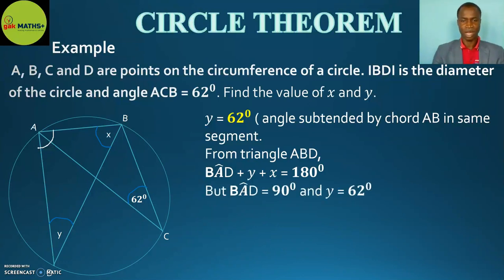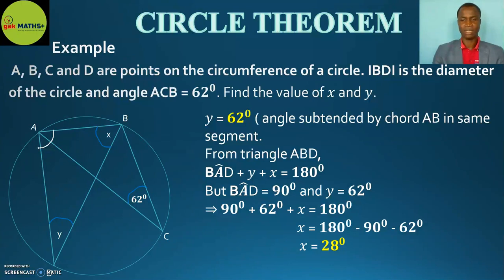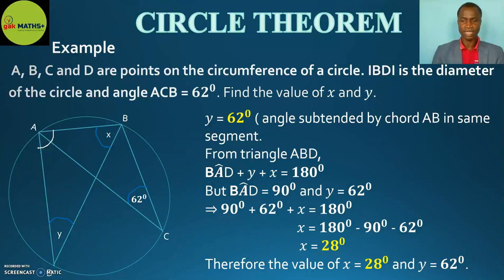So 90 degrees plus 62 degrees plus X is equal to 180 degrees. Grouping like terms, X is equal to 180 degrees minus 90 degrees minus 62 degrees, and this gives us 28 degrees. Therefore, the value of X is 28 degrees and Y is 62 degrees.